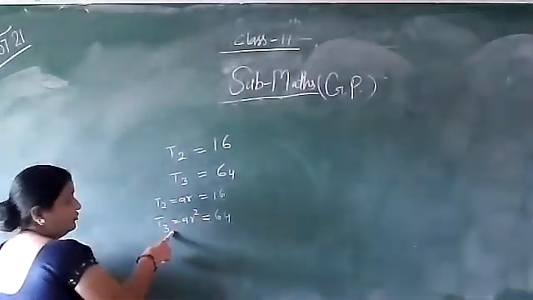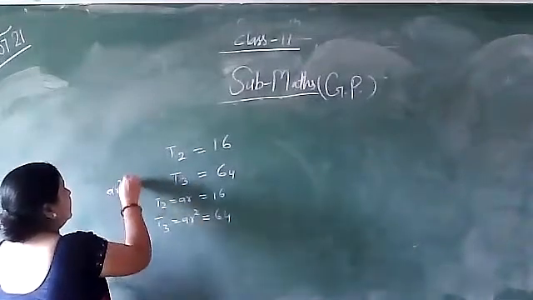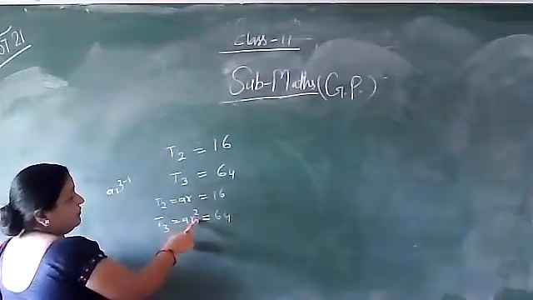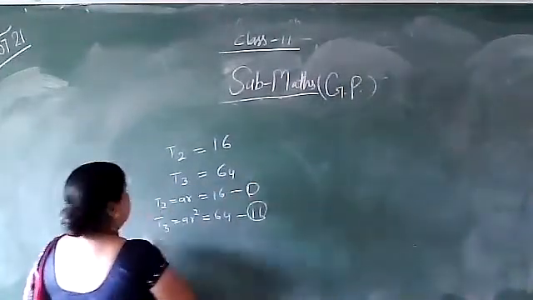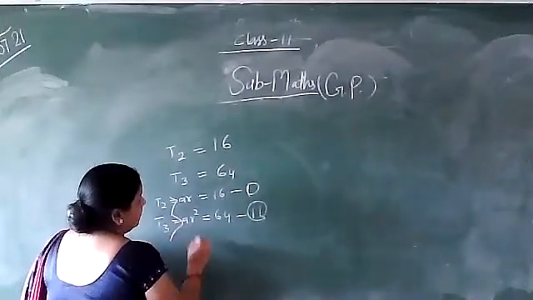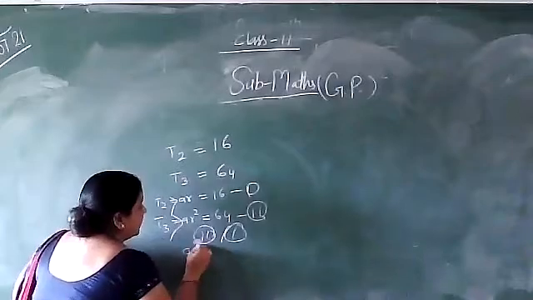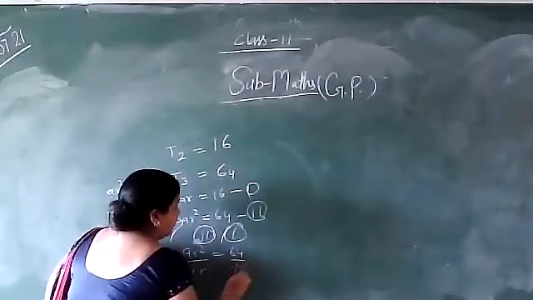Why? Because we know that here it is A R to the power n minus 1, then we use AR to the power 2 minus 1, we get AR. When we use AR to the power 3 minus 1, we get AR square. This is the first equation and this is the second equation. So then we divide the second equation by the first. So here is AR square equal to 64 and AR equal to 16.